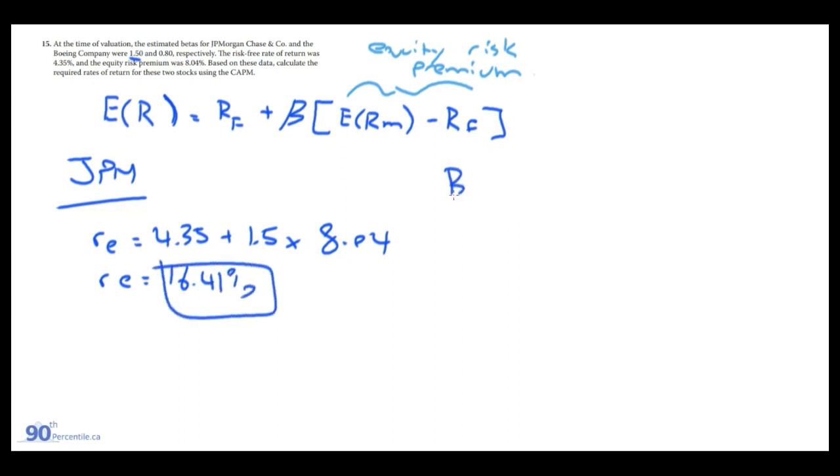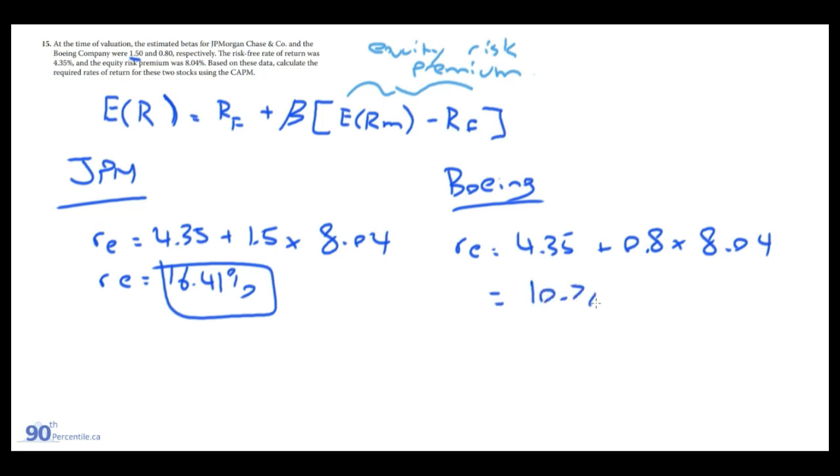And then Boeing's going to be the same concept. We have the same risk-free rate, a different beta, so 0.8 times the same equity risk premium, 8.04. And if we do this, we get 10.78%. So you notice the only difference here is the betas of the two companies.